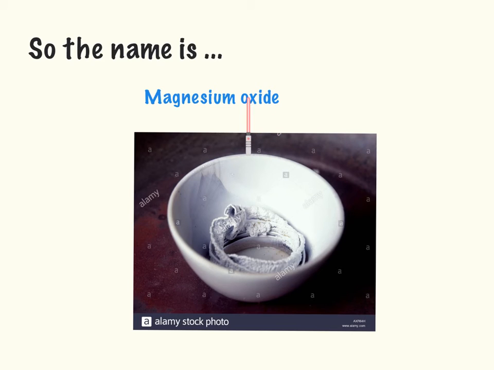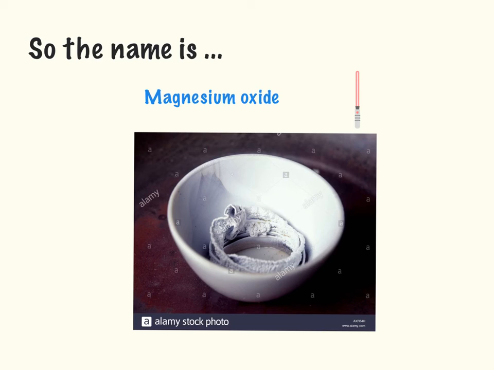So if we name a metal and a non-metal, and they're both elements, then the non-metal name is shortened and always ends up in -ide. So oxygen becomes oxide, chlorine becomes chloride, fluorine becomes fluoride, nitrogen becomes nitride, carbon becomes carbide.